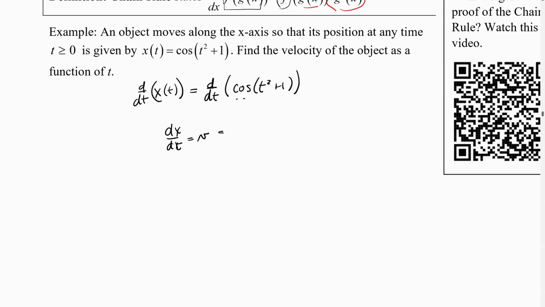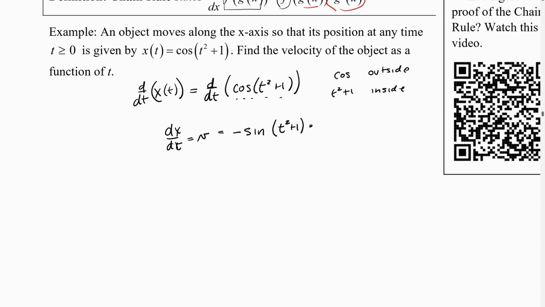Now, the derivative of this side, I want you to see that cosine is the outside function, and t squared plus 1 is the inside function. So if I do the mantra for the chain rule, I say the derivative of the outside, which is negative sine, but I leave the inside function the same.